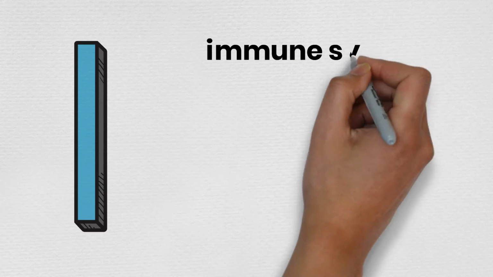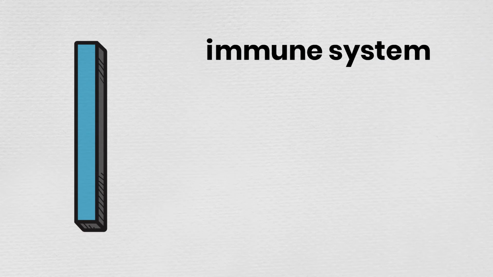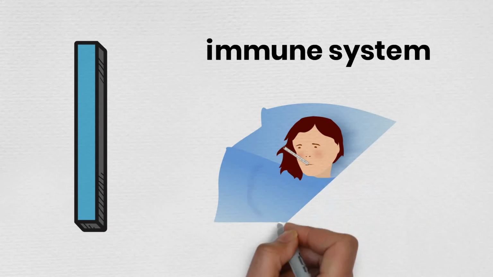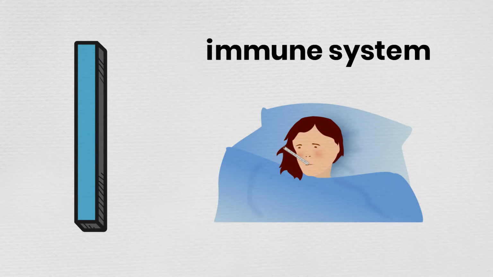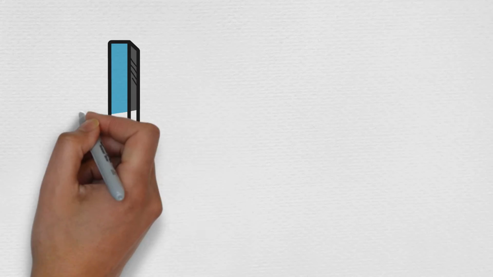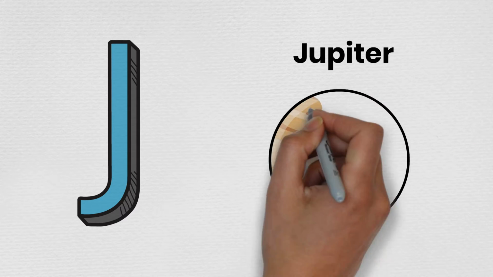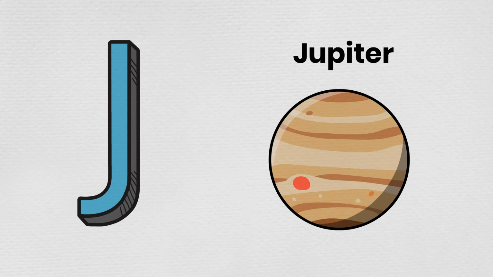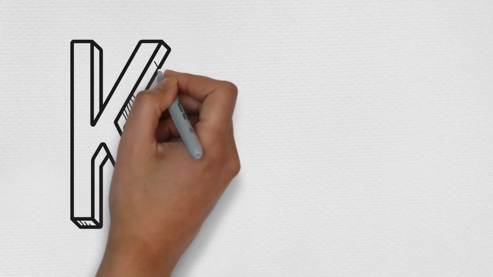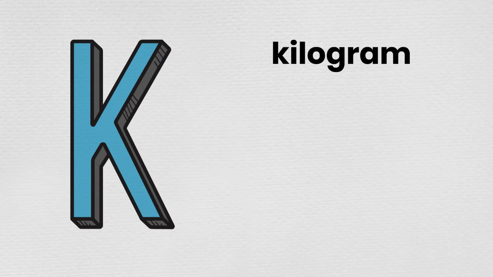I is for immune system. J is for Jupiter. K is for kilogram.